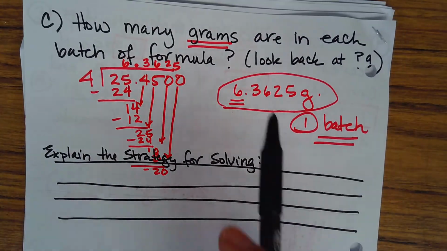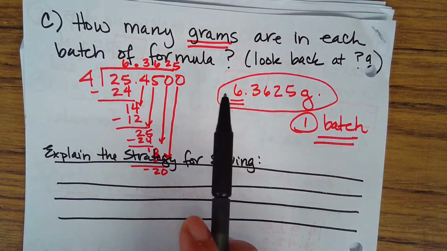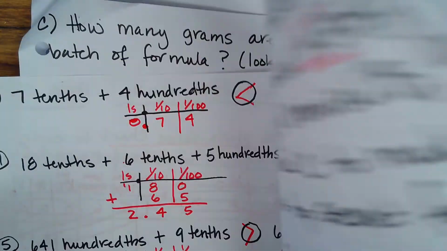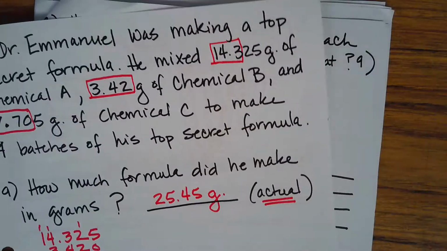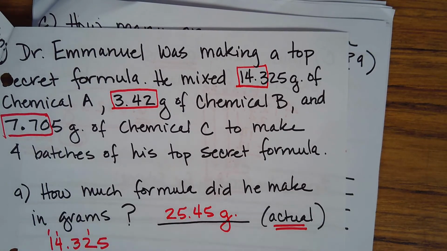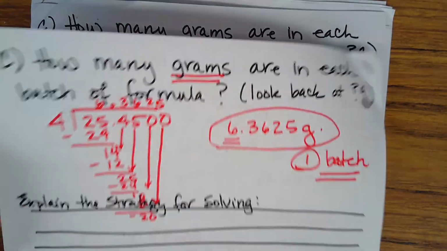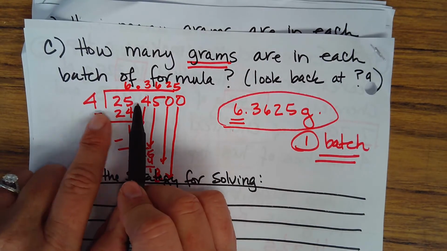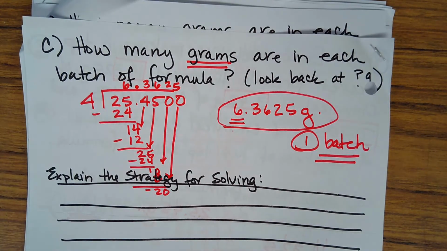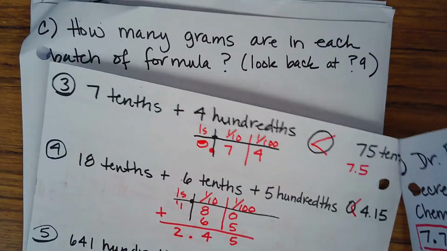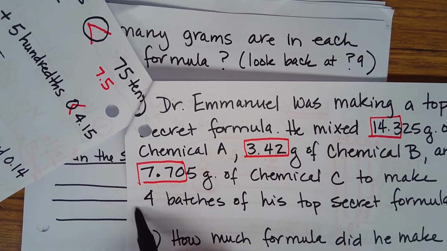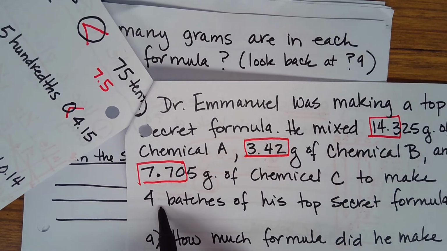How many grams are in each of the batches? So I took the total amount, 25.45, and I divided it into 4 batches, because it told us there are 4 batches.